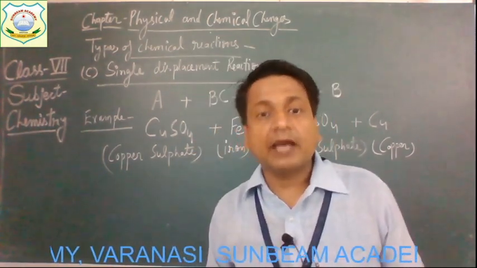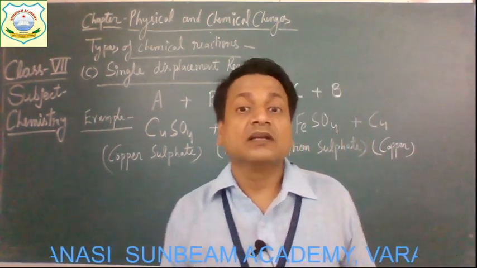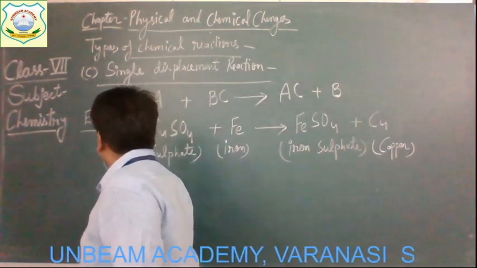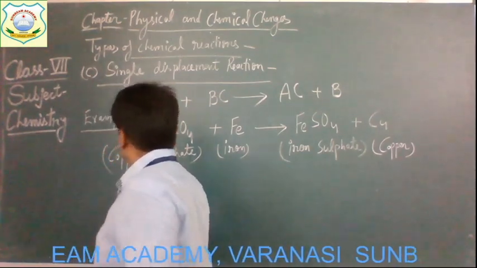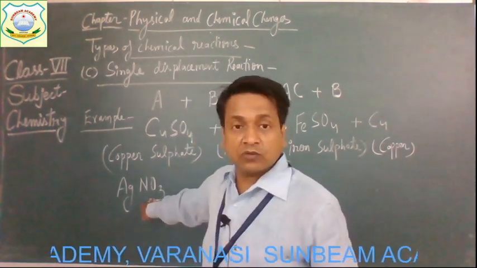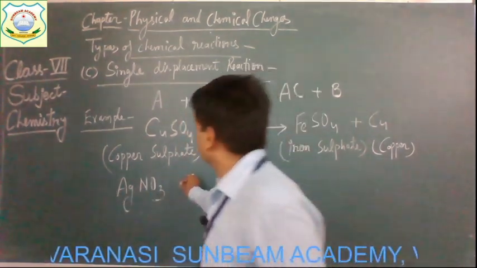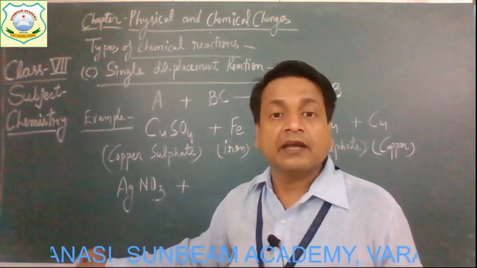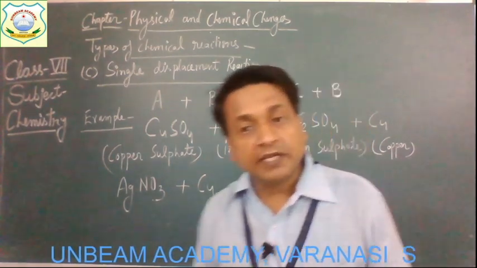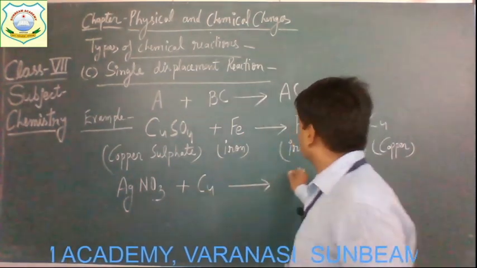Okay, and in this example I am going to take the compound silver nitrate. What is this? Silver nitrate, and the formula is AgNO3. Okay, children, nitrate is the group NO3 and silver has the symbol Ag. So this is silver nitrate. When this silver nitrate reacts with copper, the displacement reaction will take place and it forms copper nitrate.